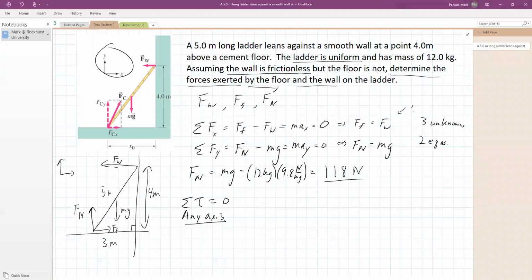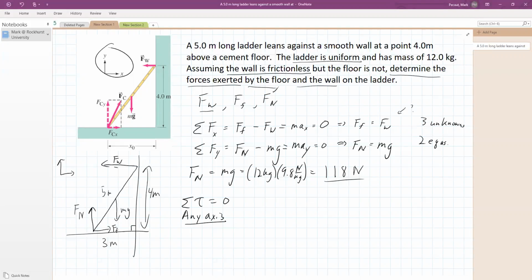Now, in these problems, it's a very useful problem-solving tactic to choose your axis where there's an unknown force. Choose your axis where there's a force that you don't know about and don't care about. So let's find the force from the wall first. So that means that we don't know the force of friction, and right now we don't care.